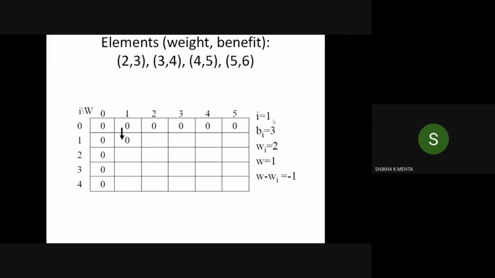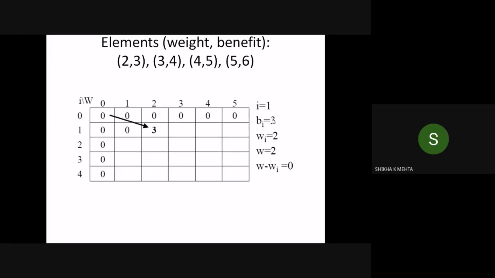Then the first item is accommodated at capacity 2. Because the capacity is already indicated by the index value, we have marked here the benefit associated with this particular weight.